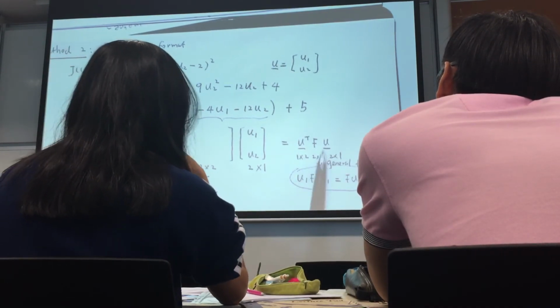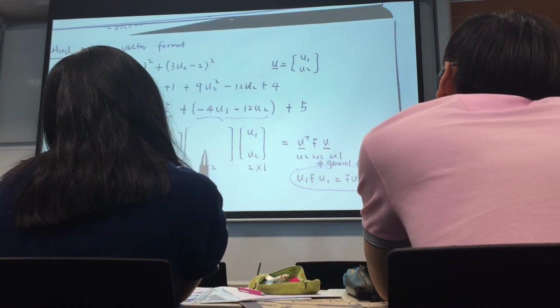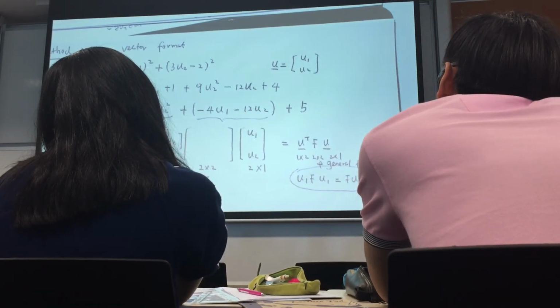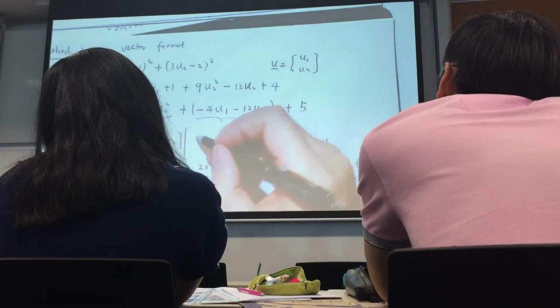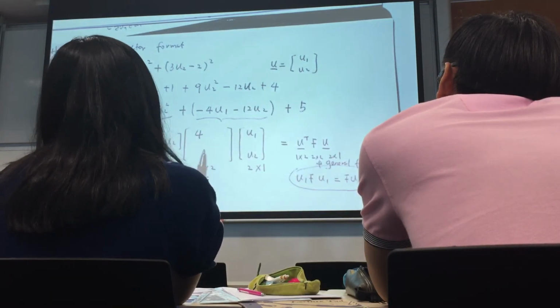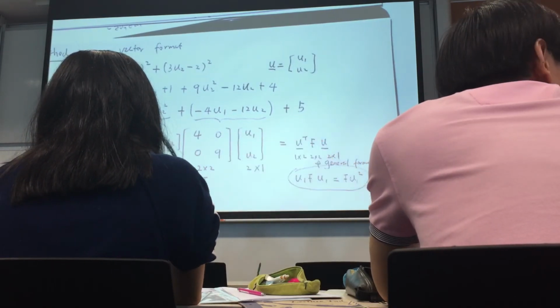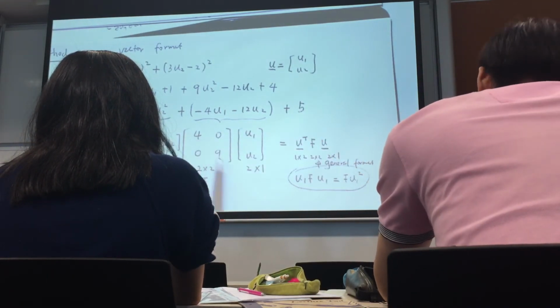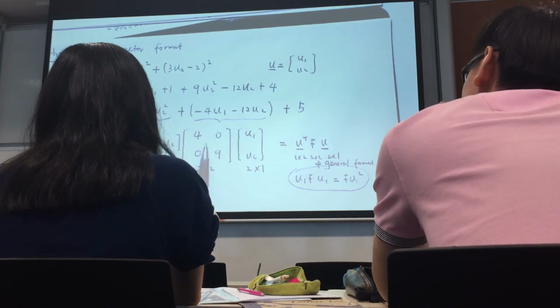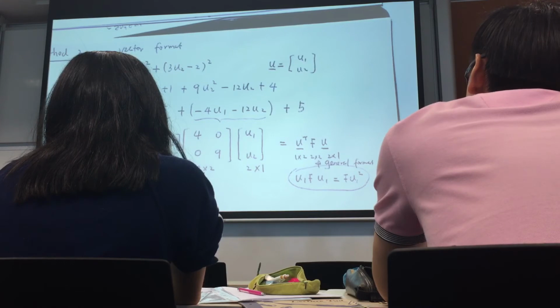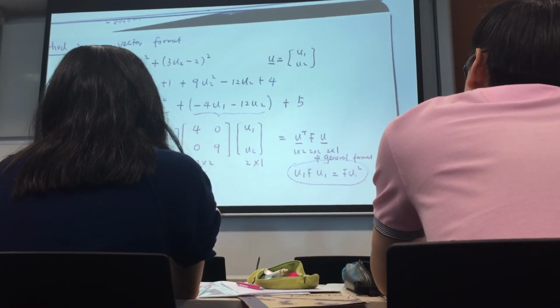So now we have determined the format. Then the next thing is to determine the components. The components can be determined just by this 4 and 9. So this 4 will be here, this one will be 0, this 0, this 9. So this 4 and the 9 will determine the parameters for u1 squared and u2 squared.